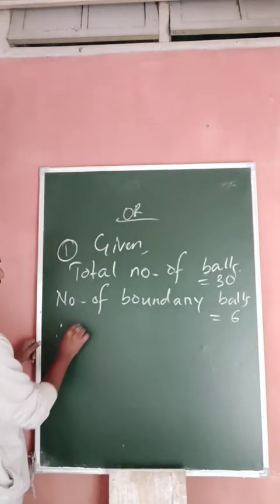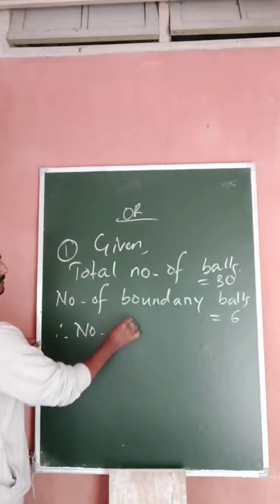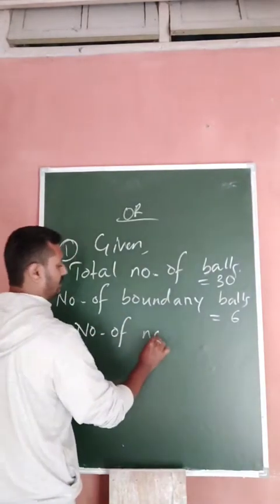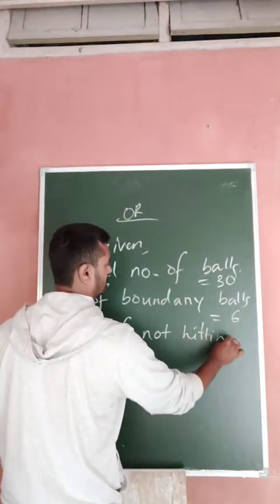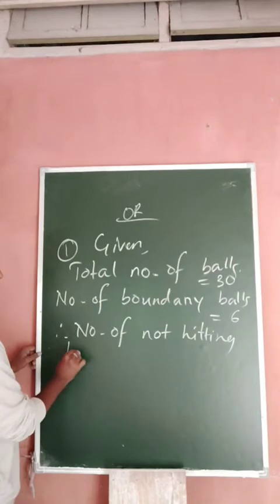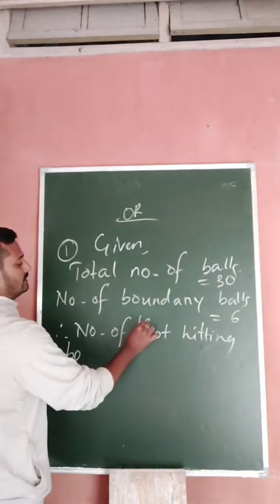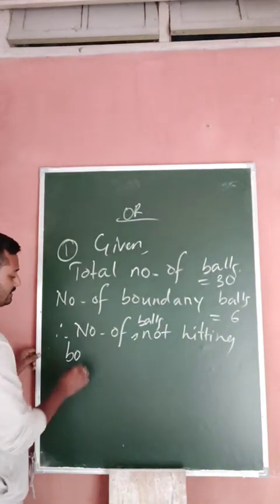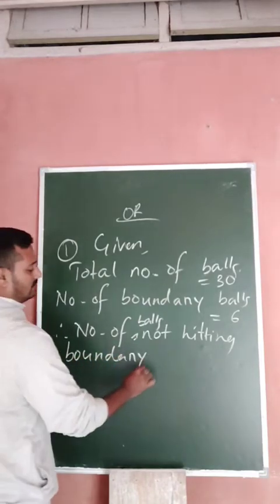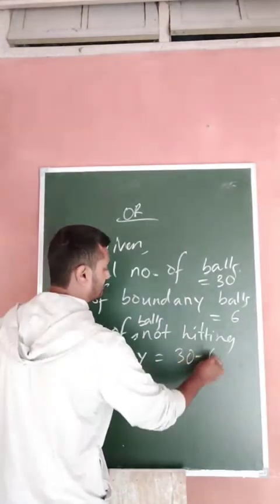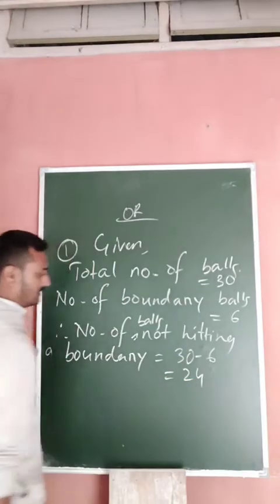Therefore, the number of balls not hitting a boundary equals 30 minus 6, that means 24.